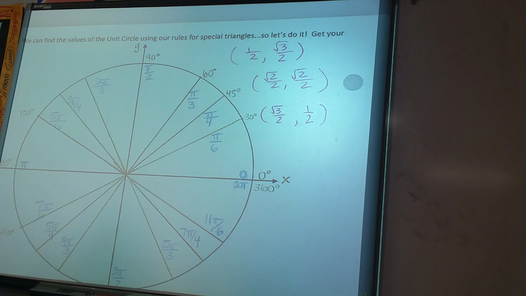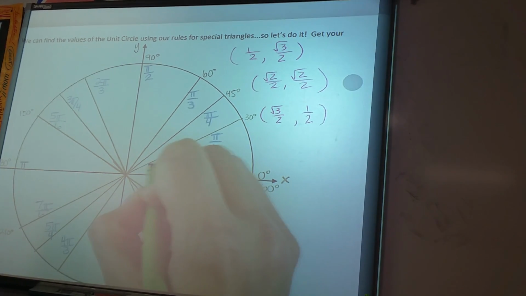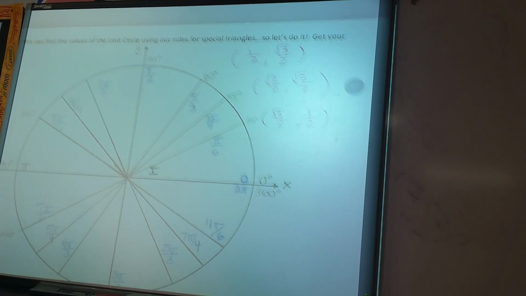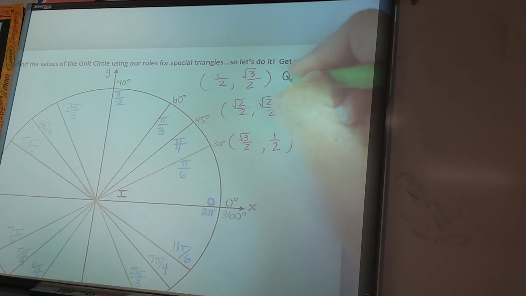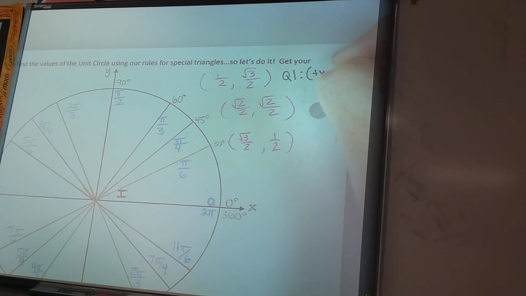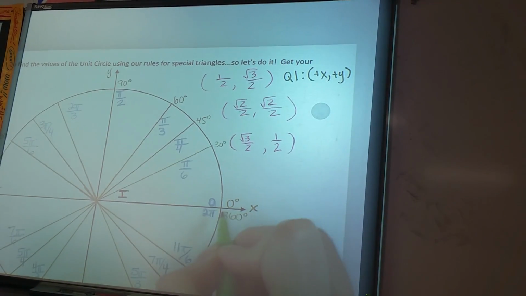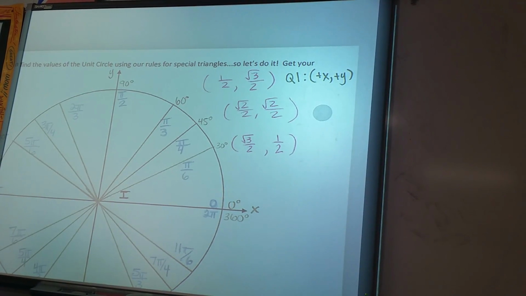So first let's label this as quadrant 1. Okay, and then if this is quadrant 1, my x value in quadrant 1, I'm just going to put it here, my x value is going to be positive, my y value is going to be positive. And again, that's because it's the positive side of the x-axis and the positive side of the y-axis.